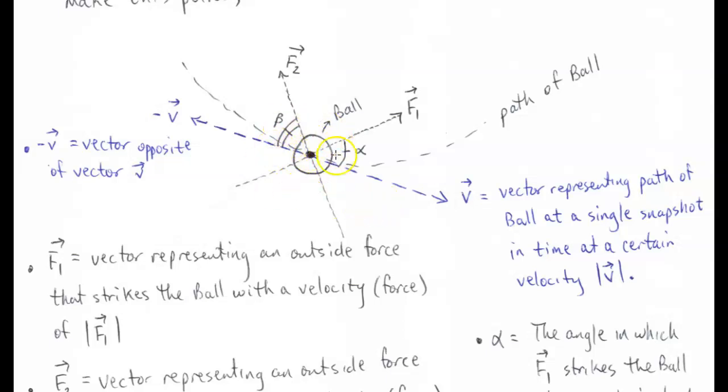So we have a ball here. It's going along a path, and at some snapshot in time, roughly about right here, sometime t equals a, we see that either a force F1 with some velocity or a force F2 with some velocity acts on it.